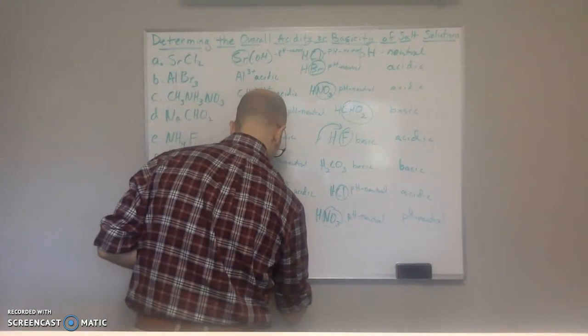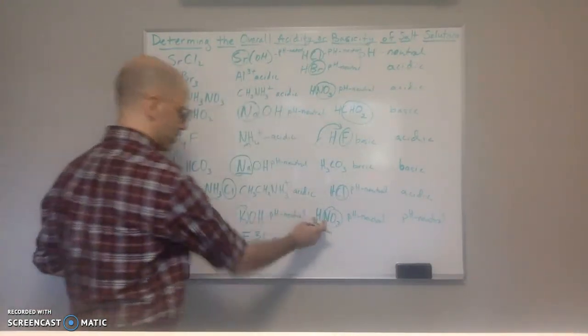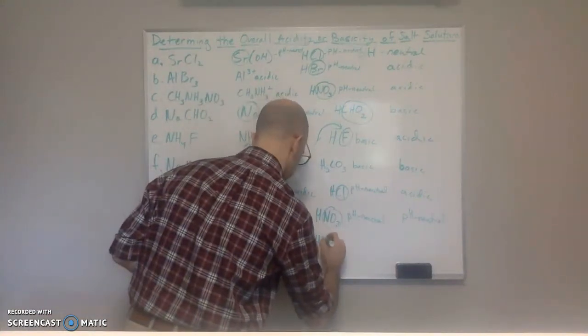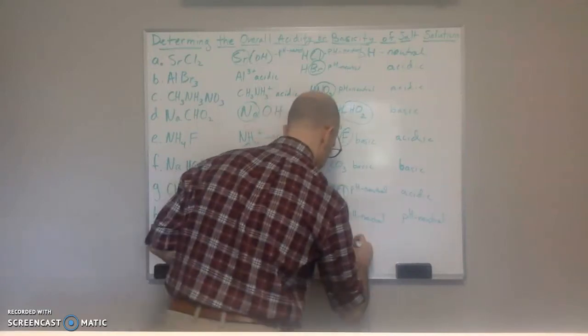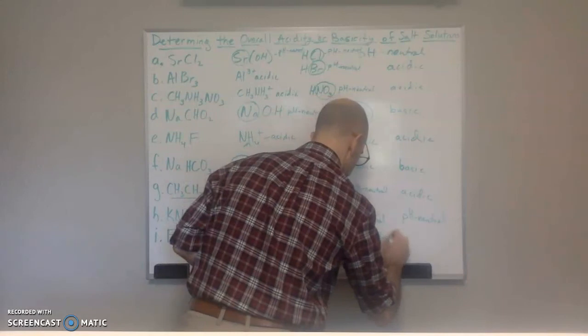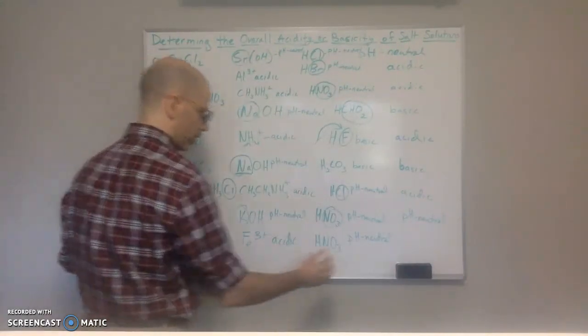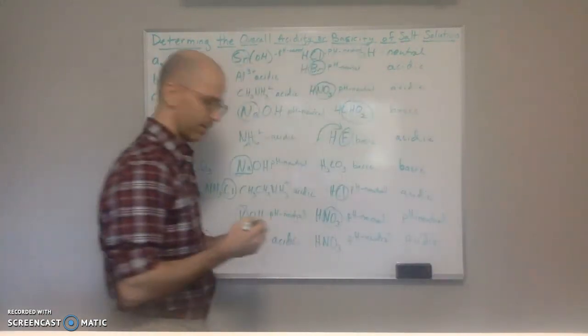So these are acidic. And again, nitrate, as we said before, is the anion of a strong acid, so this is again pH neutral. And so the two together, we would expect the solution to be acidic.